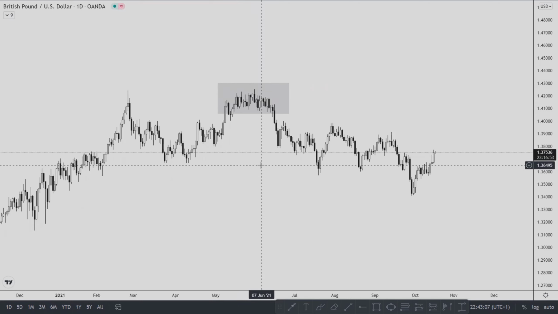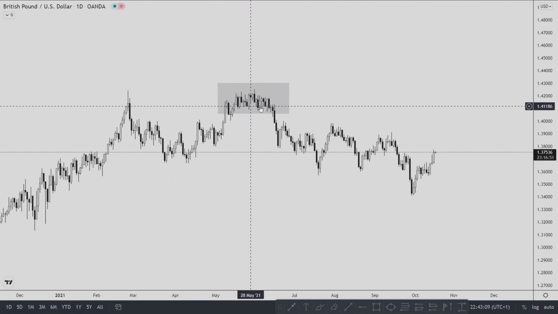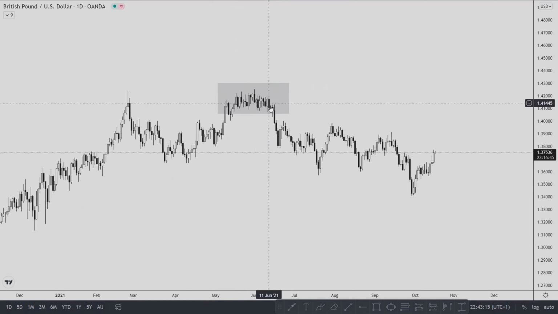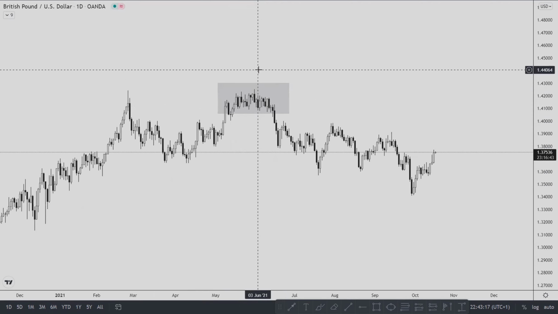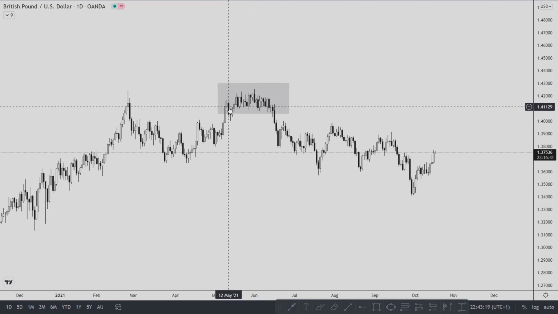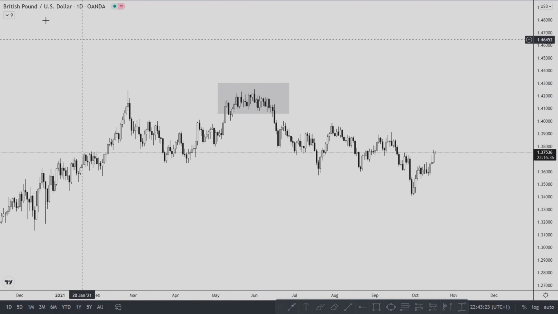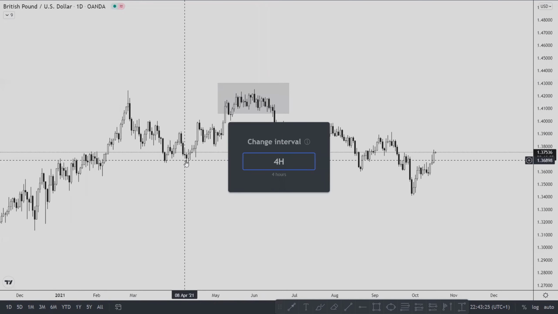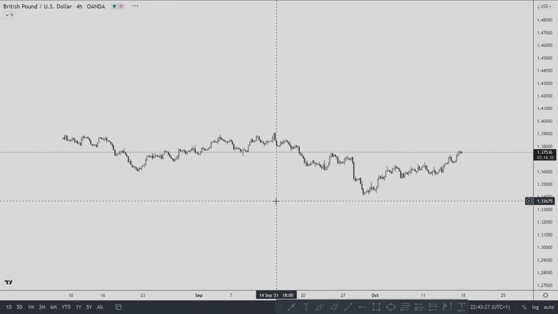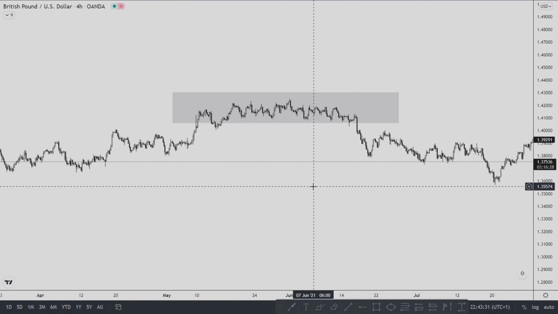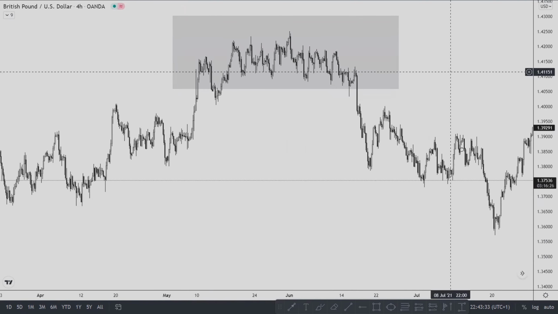Now, let's begin. So highlighting my area on the daily, because this area is where the market is going sideways, which is one of the primary scenarios where I use Wyckoff. So from the daily time frame, going on to the 4 hour, and then just spreading this out, seeing what it looks like.